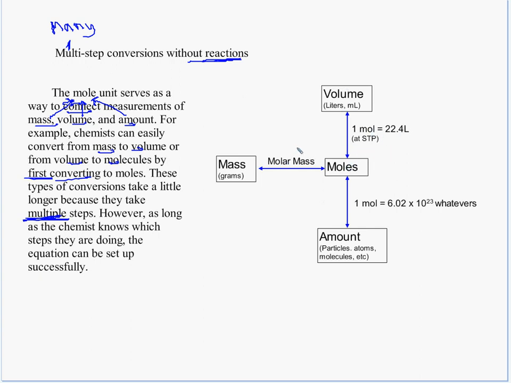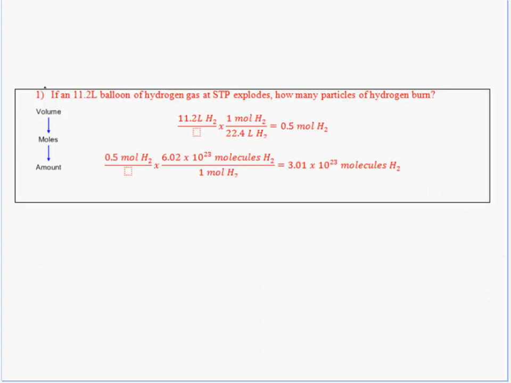So this is like the conversion factor, and these boxes are like the actual unit. Then amount is particles, atoms, molecules, etc. 1 mole equals 6.02 times 10 to the 23rd whatevers, like atoms, molecules, stuff like that.